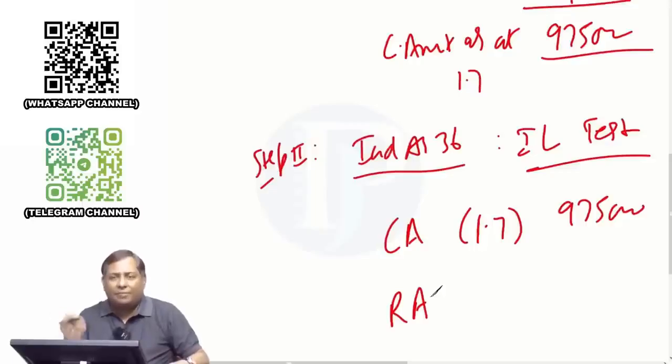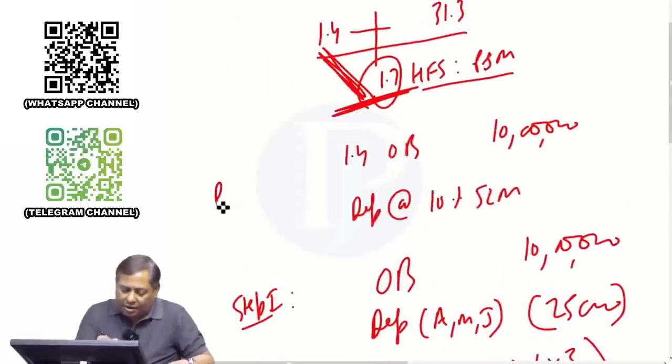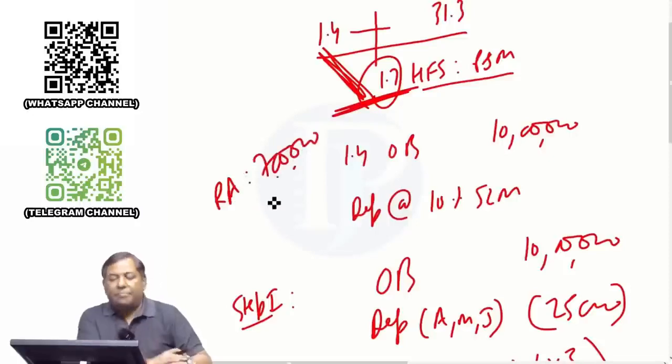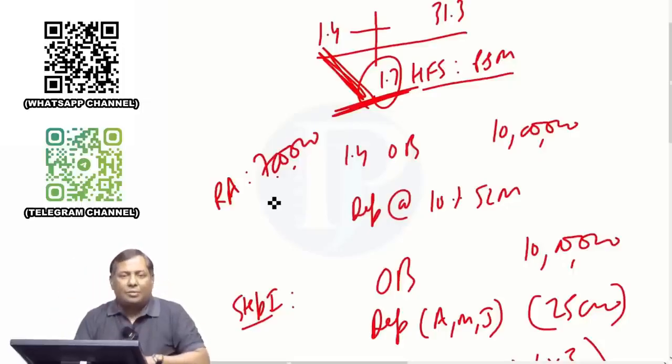36 recommends the recoverable amount. So when I read the question, it says that the recoverable amount is 7 lakhs. You remember the formula for recoverable amount under 36: value in use or NSP, whichever is higher. 7 lakhs recoverable amount has come.